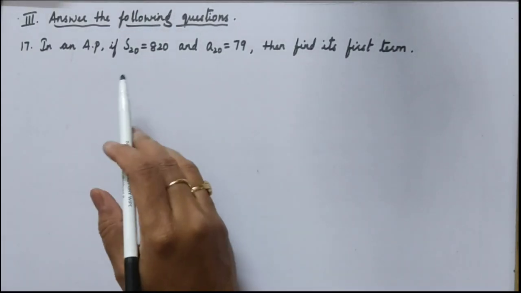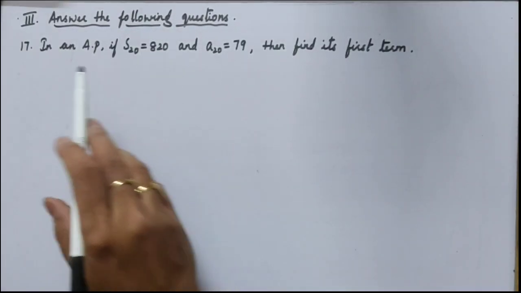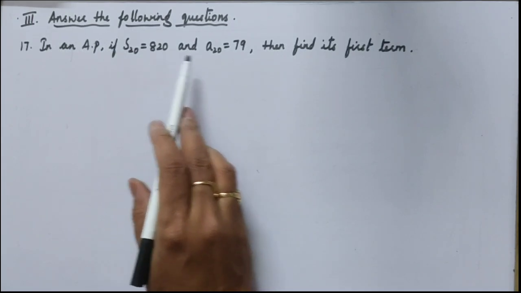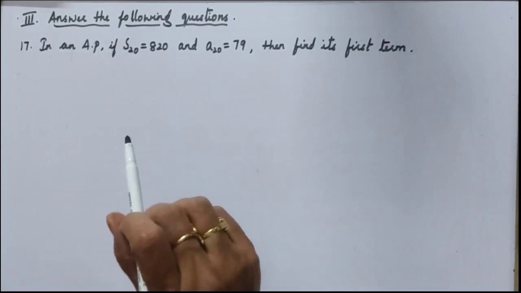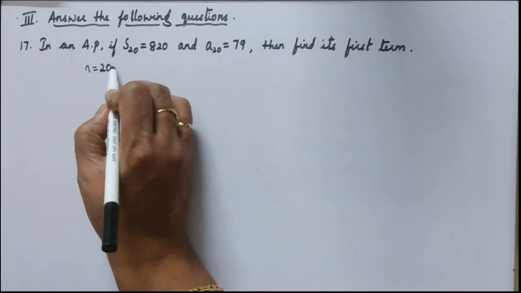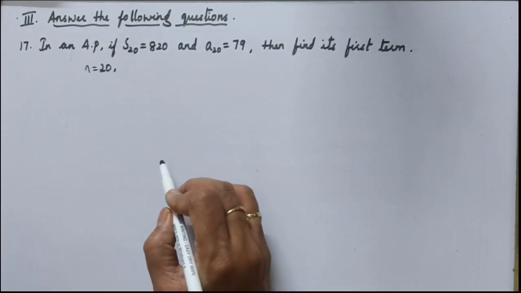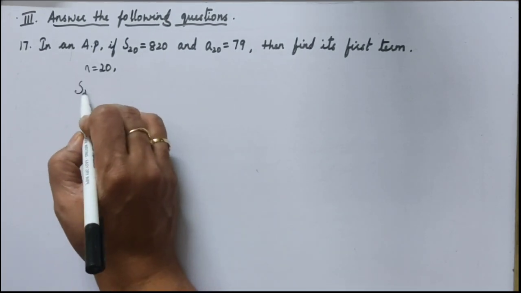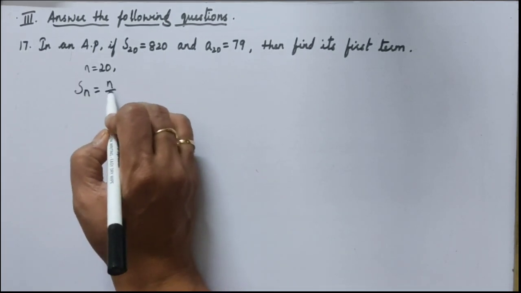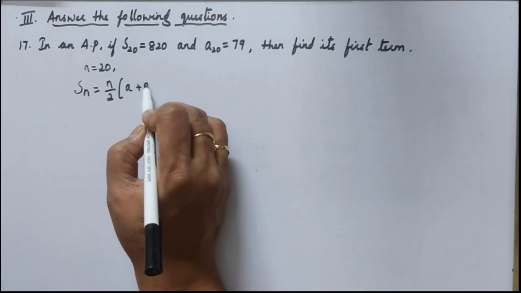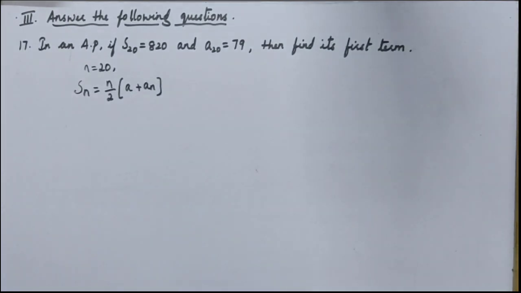Now let us solve two more questions here. In an AP, if S20 is equal to A20 and A20 is equal to 79, that means we know the n value is equal to 20 here. Now we have the formula Sn is equal to n upon 2 into a plus an. Why am I taking this? Because both have the same value of n.